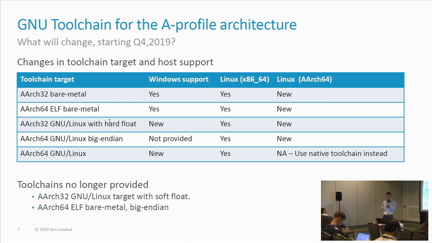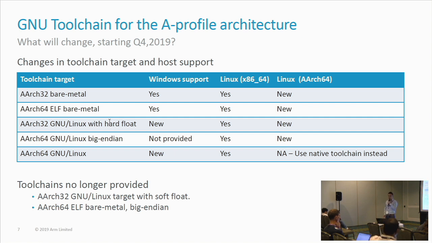Mainly what we dropped are the combinations that are not popular according to our download numbers. For example, the AArch32 soft float. Nowadays, seldom do people use soft float. If you do have to use soft float for some very old boards, then you can always fall back to the old versions.